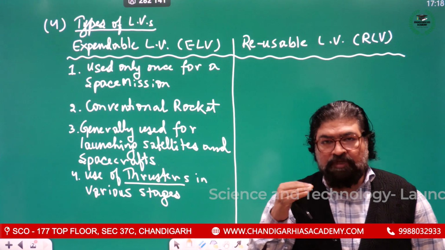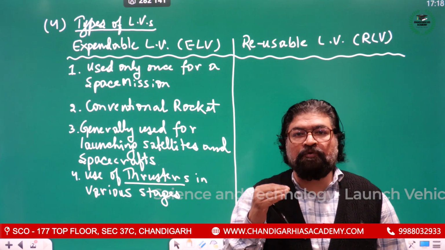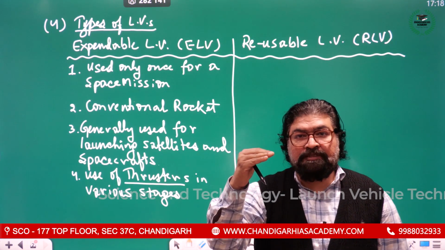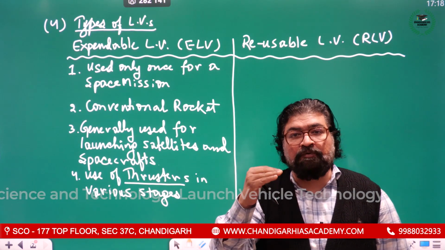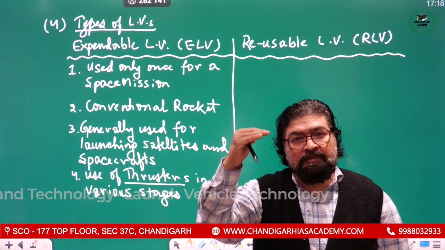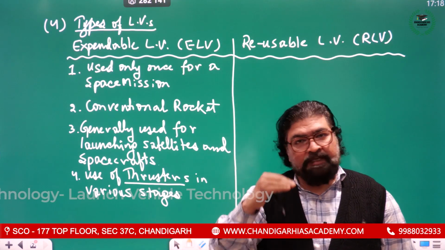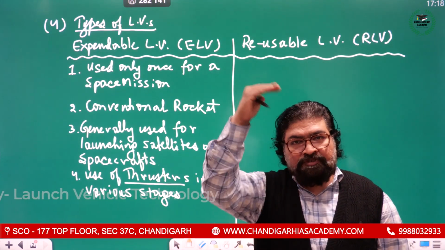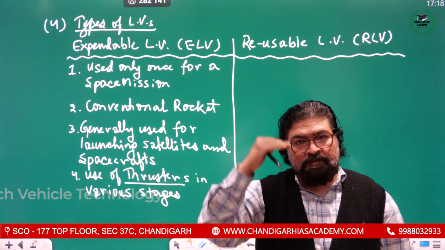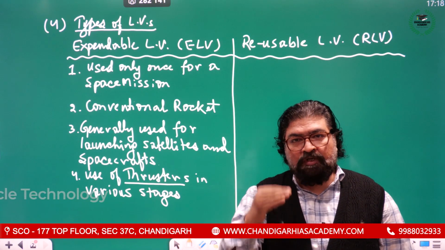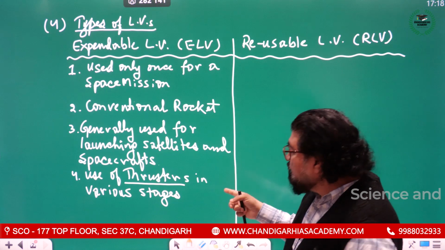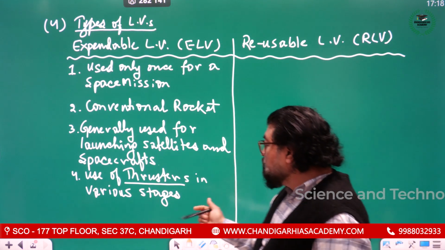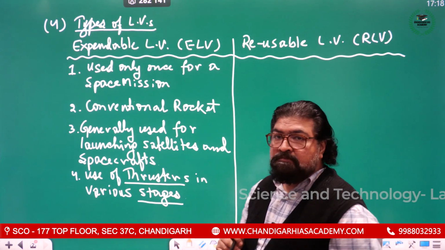First stage engine thruster uses solid fuel, S139. Second stage is a Vikas engine which uses liquid fuel. Third stage again solid, and the last, fourth stage, is liquid. So these are 4 stages, and 2 types of fuel: solid, liquid.